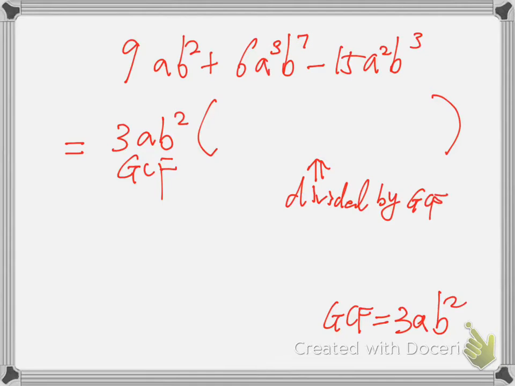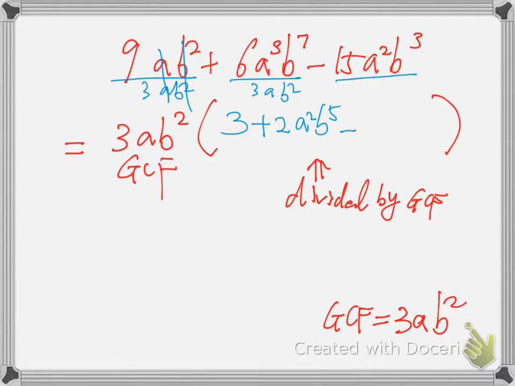All these three terms on top divided by the GCF, we get three terms in the parentheses. Now let's do that. This divided by 3ab squared, we get the number 3. They cancelled. And this divided by 3ab squared, we get 2, 3 minus 1 for the a part, a squared. 7 minus 2 for the b part, b to the fifth.